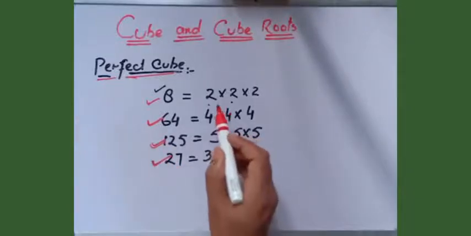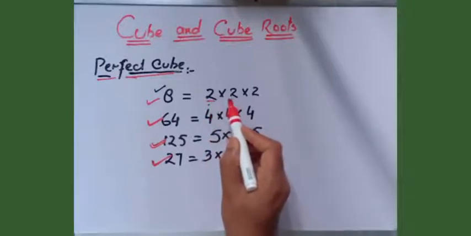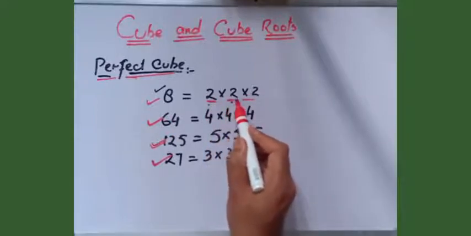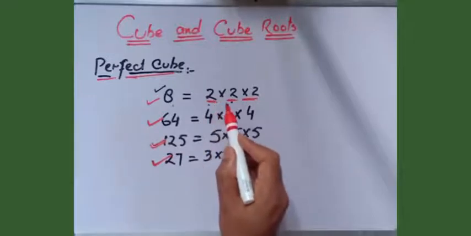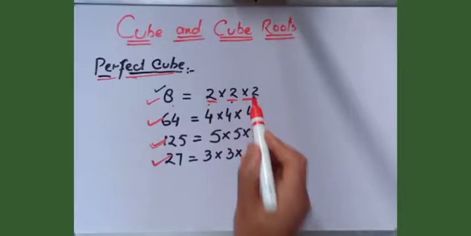Why? Because they can be expressed as the product of 3 equal factors, 3 same factors. It can be put in the form of the product of 3 equal factors, 2, 2 and 2.